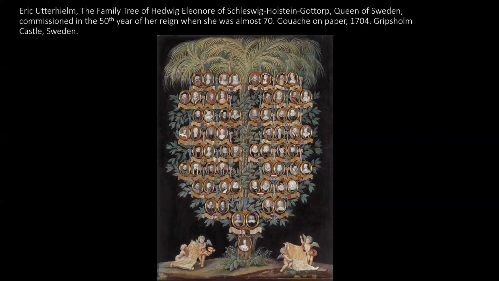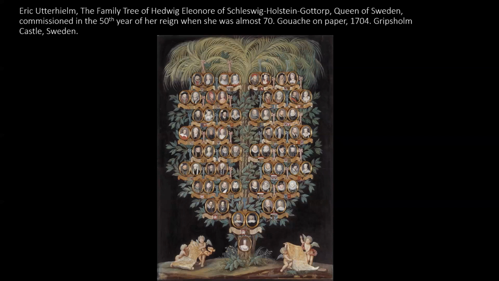She came to Sweden when she was 18 to marry Karl X Gustav, but she's never forgotten her own origins. And in fact, in her various palaces, she had whole galleries, portrait galleries of members of all the European royals and important people, aristocrats, to whom she was related.